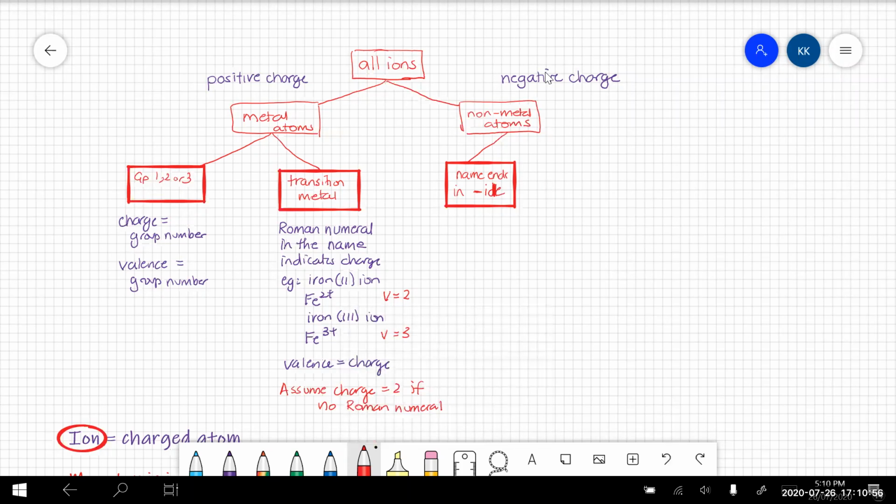So if the name ends in ide, then what that means is you're looking at a single non-metal atom that has a charge.